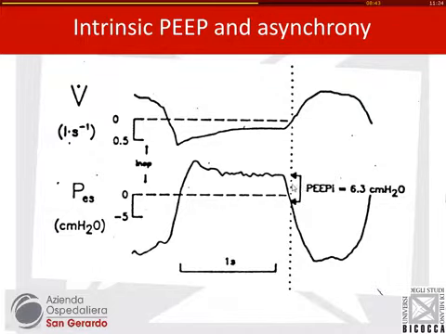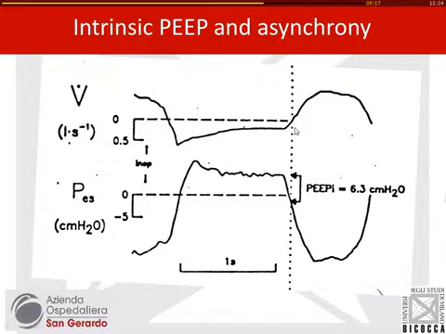And this is totally wasted pressure because it only serves to create a negative pressure inside the alveoli. So the best way to monitor the presence of intrinsic PEEP during assisted spontaneous breathing is by esophageal pressure. And we recognize it because there is a delay in time and in pressure between this drop and the moment the flow comes to the patient.